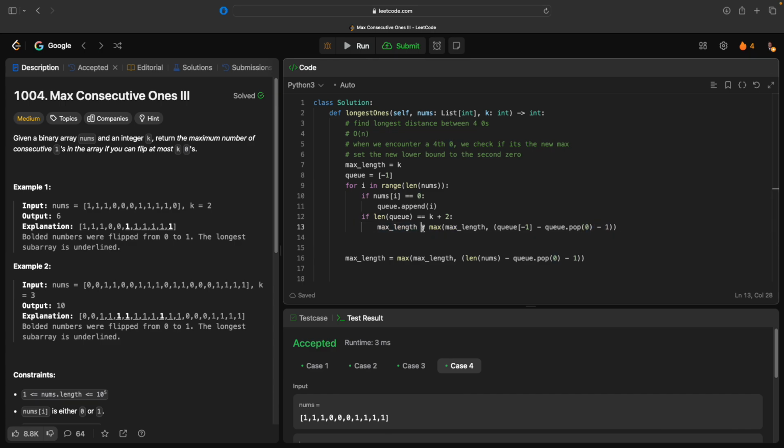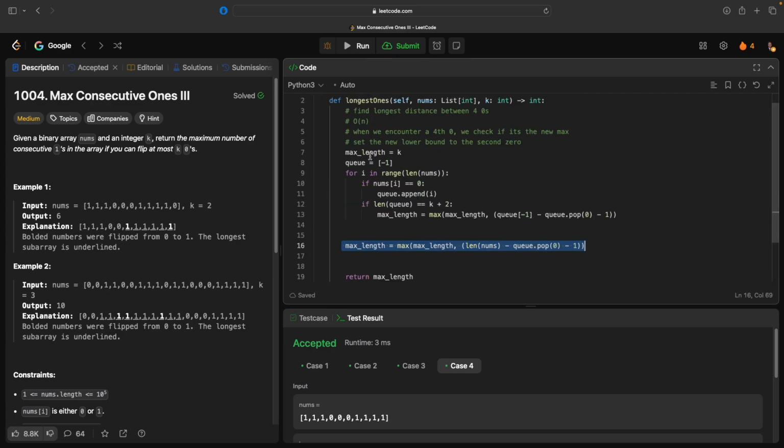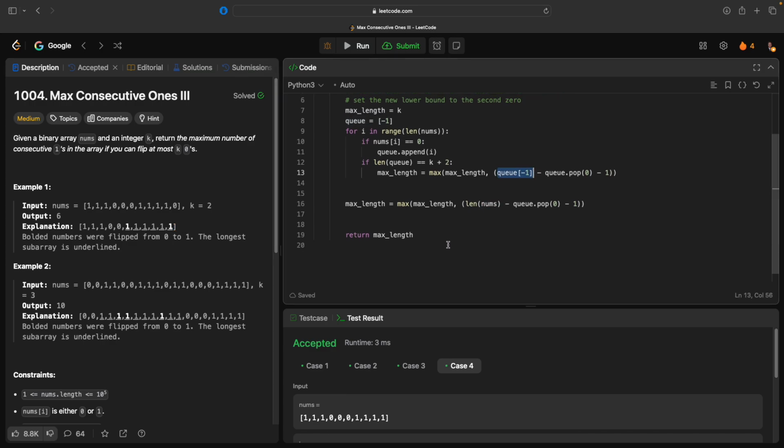And then we set that as the max length, a little king of the hill thing. We do one time at the end to basically account for the ending, same thing as how we account for the starting part. We do the same thing as if the ending were a 0, by using the length of nums instead of the last number in the queue. So I hope that makes sense.